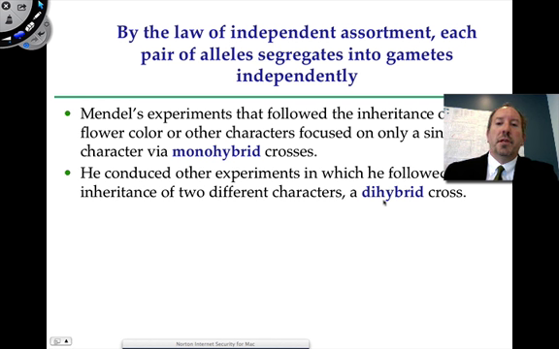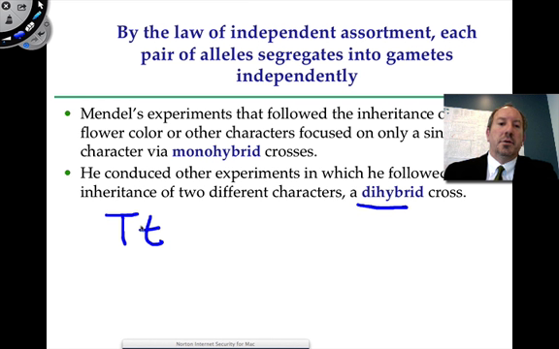So if you're doing a dihybrid, it would be big T, little t. Now remember, hybrid was a term that we were using before. We've since replaced it with heterozygous. So here's a heterozygous or a hybrid.